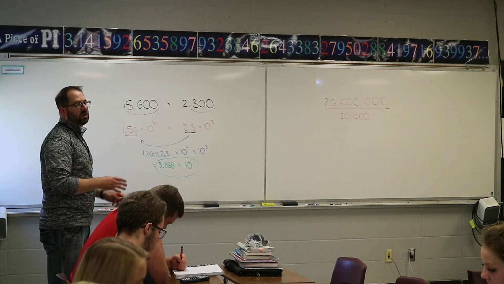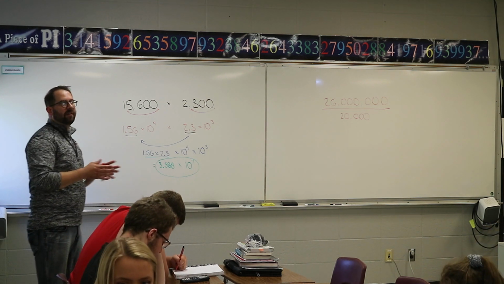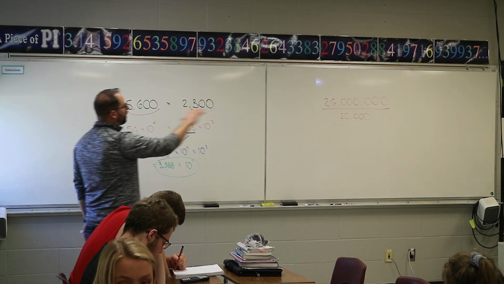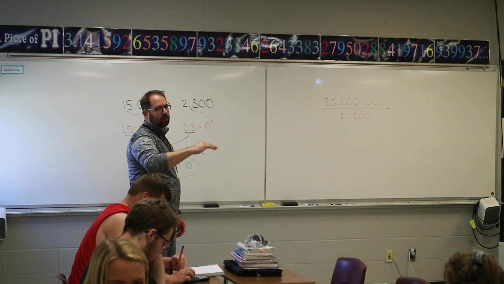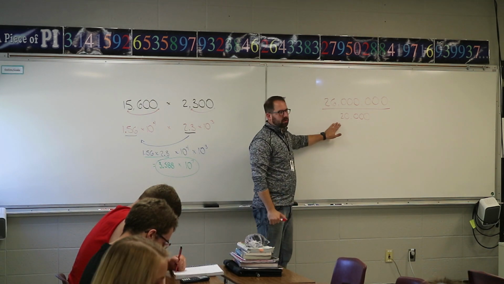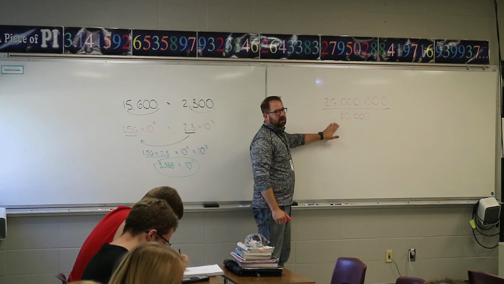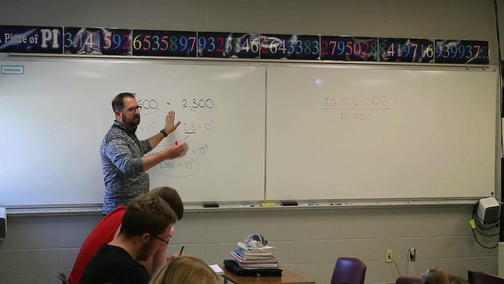They want you to first write these numbers in scientific notation, then divide them. Now, if there was anything weird on the top, maybe you need to multiply those numbers together to get what that digit is. I want to get to a point where I have my number over a number. Once we're here, changing to scientific notation is just like what we did over here. Moving the decimal, putting 10s on it.